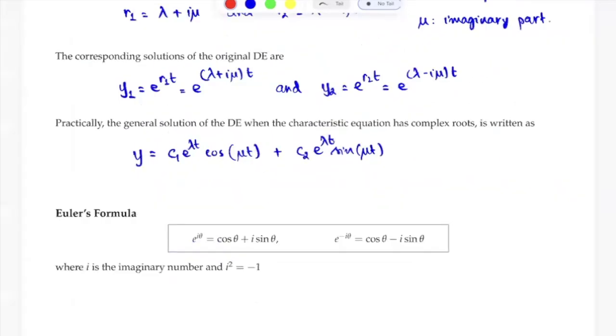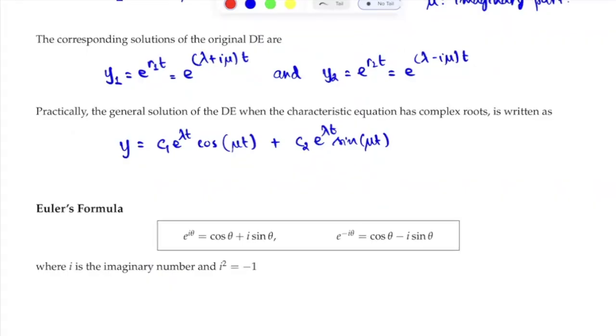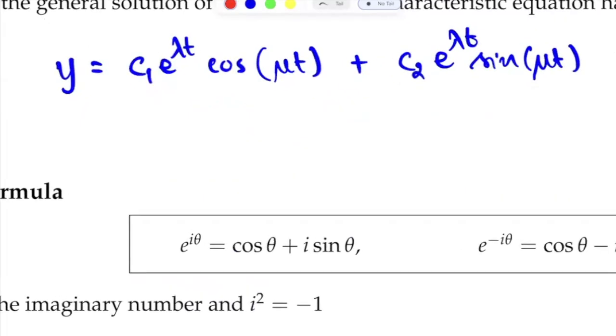So i in this case is an imaginary number, and therefore i squared equals -1. It is easy to prove this formula using the Taylor expansion, so Maclaurin series. The exponential function can be written as an infinite sum, and you can combine the part with the even terms and the part with the odd terms.